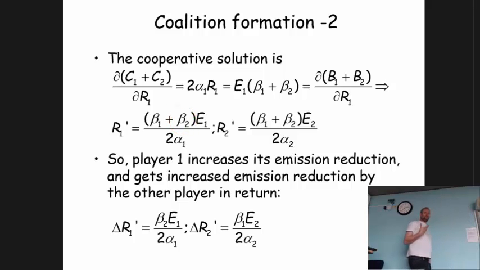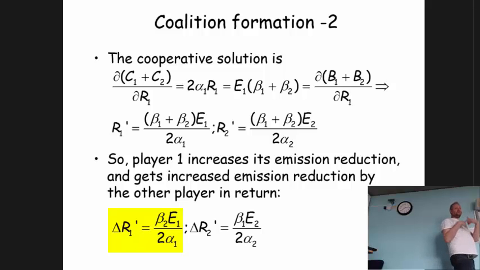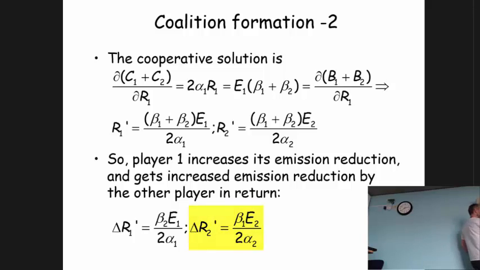Essentially what you do when you join a coalition with somebody else is you say, I'm going to reduce my emissions by more because I now take into account what my emissions do to your payoff or your wealth. Why do I do that? Because player 2 also increases emission reduction effort by beta 1. So I do more, and in return you do more. That is the deal that we're striking here.